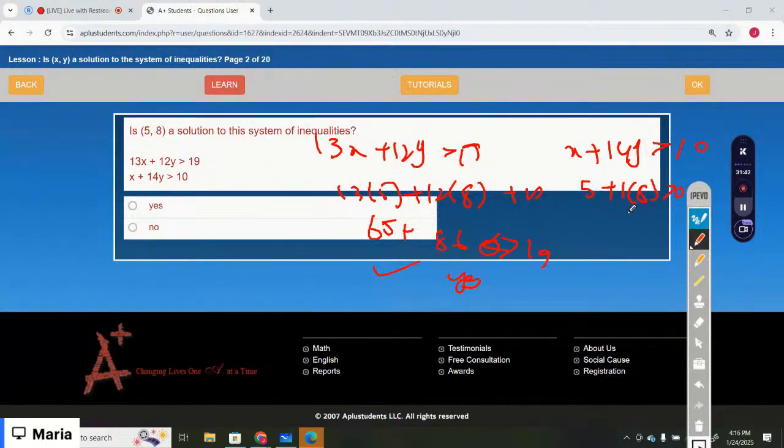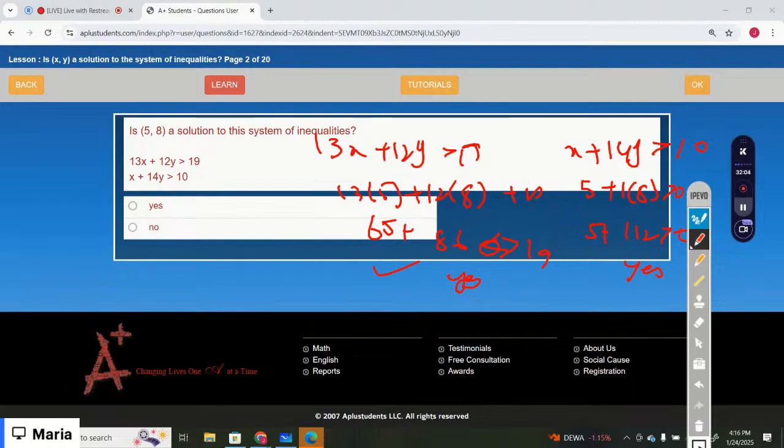Yes, it is. So that is true. Now 5 plus 14 times 8, 14 times 8 is 112. So 5 plus 112 is greater than 10. Yes, it is. So both the inequalities are true, right?